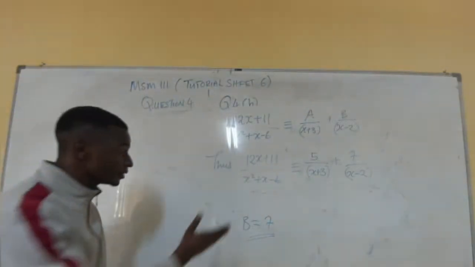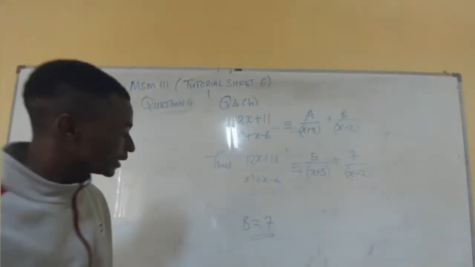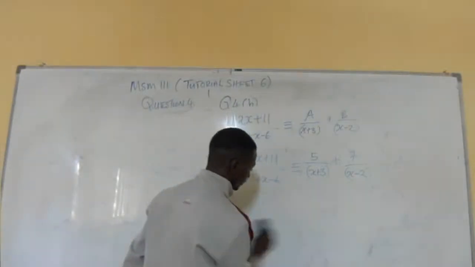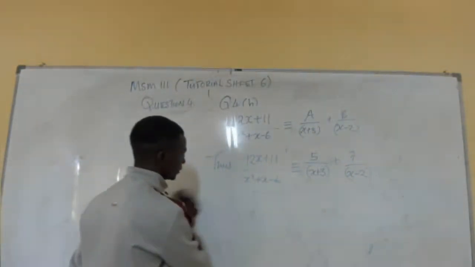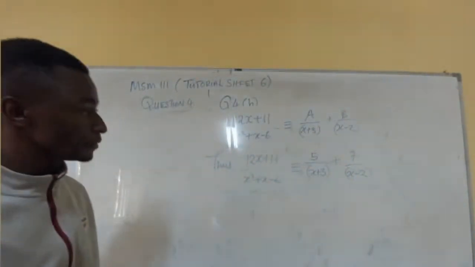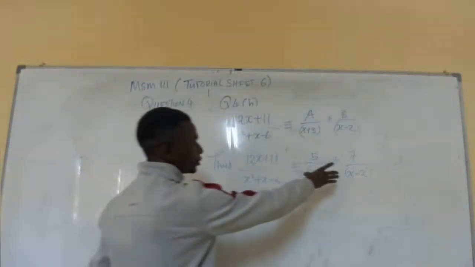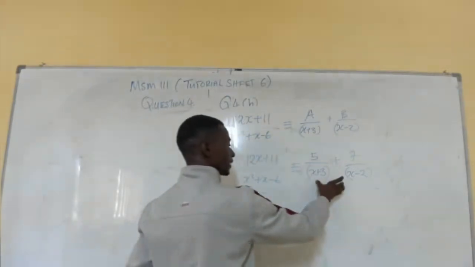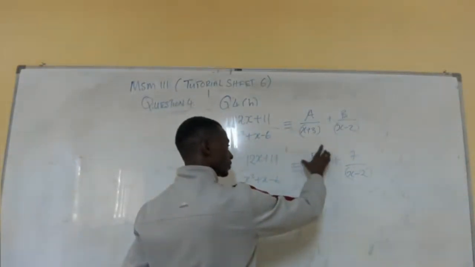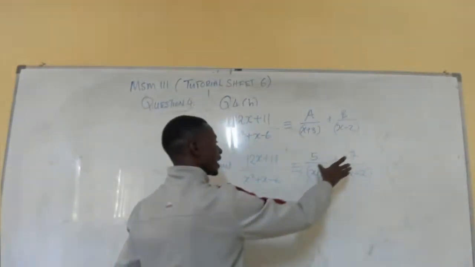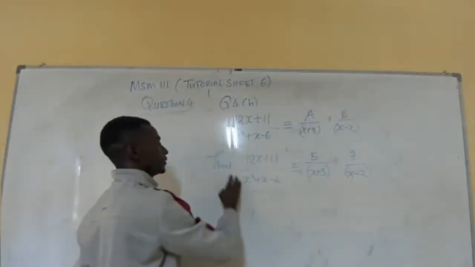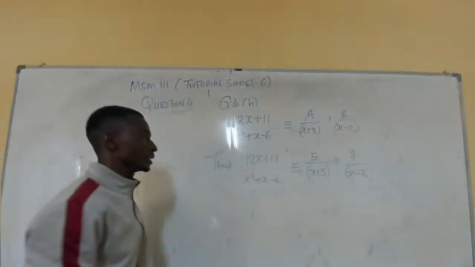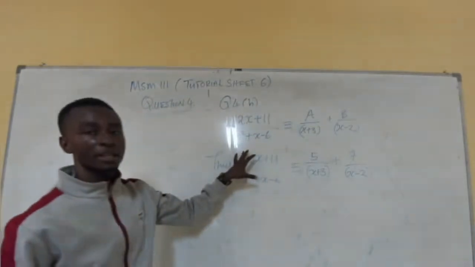If you doubt your answer, you can still check. To check if your answer is correct, you solve the partial fraction: you find the common denominator, expand the numerator, and see if it gives you the original expression.